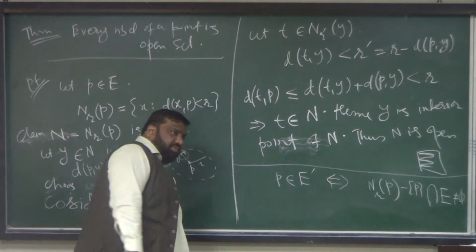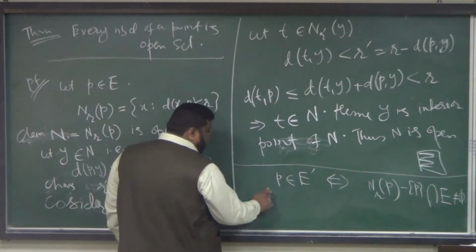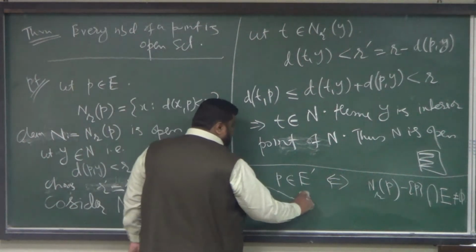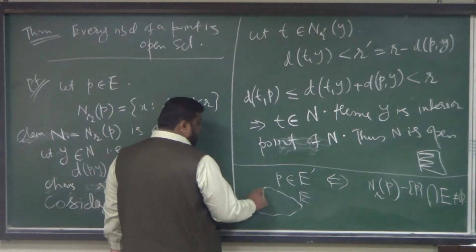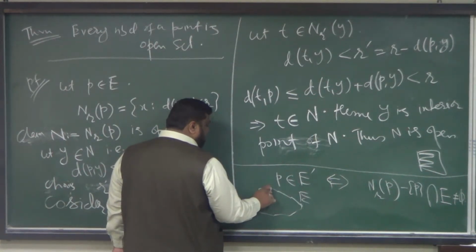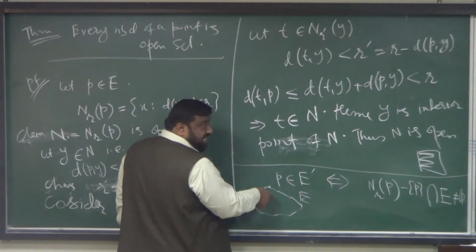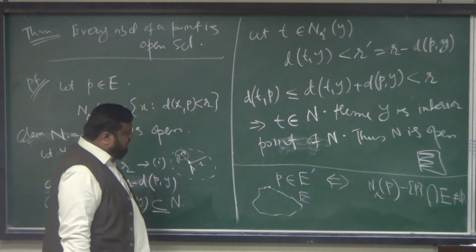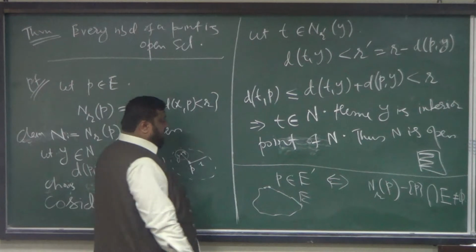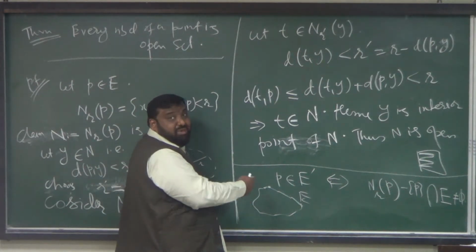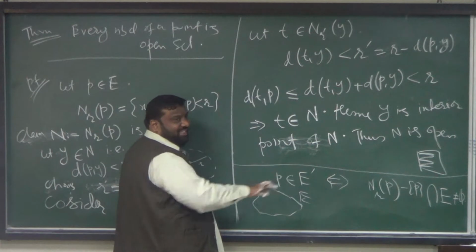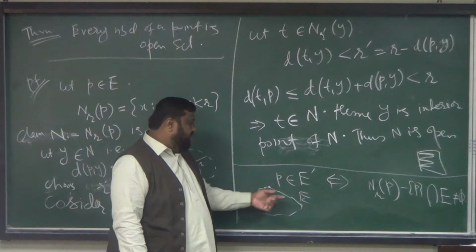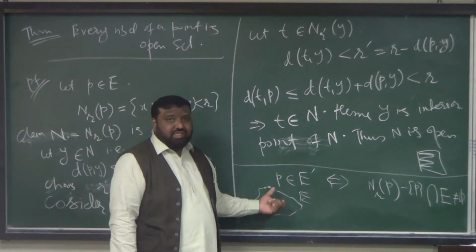So what we are saying is that I have a set E, and I take a point, really just on the boundary or something. I can take it inside and take it outside as well, doesn't matter. It can't be outside, because if it is outside, you can find a neighborhood which does not intersect. So we're going to show soon that a limit point should be either in E or on the boundary; there is no other way.